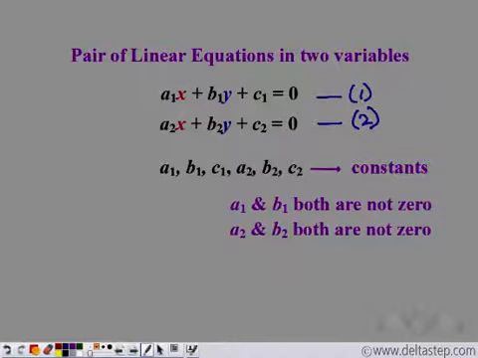Similarly, a2 and b2 both cannot be 0. x and y are the variables. Now, important point to note is the variables should be the same in both the equations. So if you have x and y here, you should have x and y here. So this is the general form of a pair of linear equations in two variables.